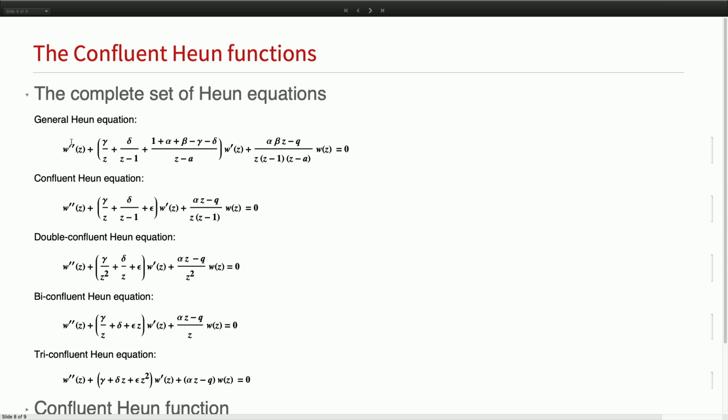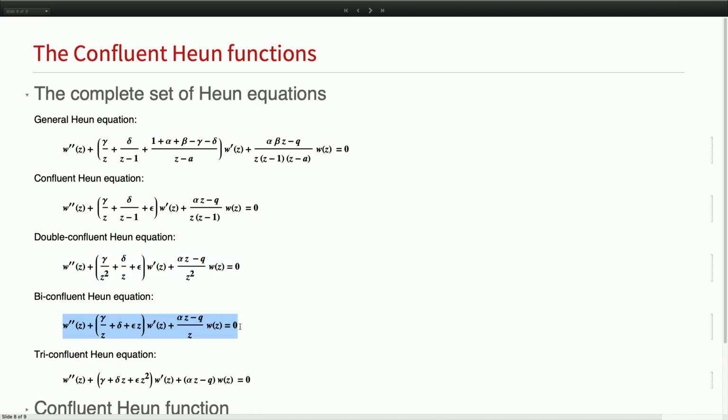So they are written here. This is the general Heun equation with 4 regular singular points, 0, 1, a, and infinity. And here are the 4 confluent forms of the Heun equation. This is called confluent Heun. This is double confluent Heun. It has 2 irregular singular points located at 0 and infinity. This is called the biconfluent Heun equation.